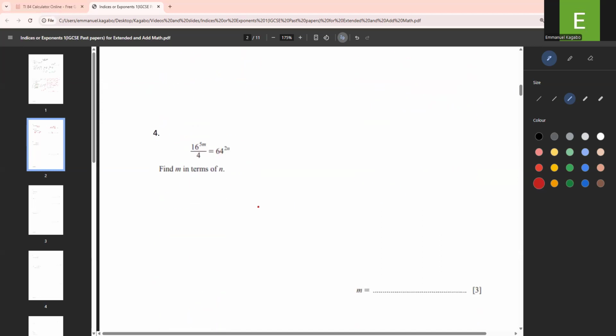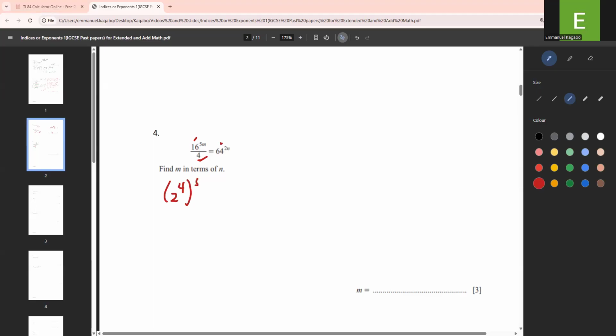Now, next question. There are different ways of doing this question. Let me just cross multiply, and I express them in terms of 2. Because if you check, this is 16, 64, and 4. So all of them can be expressed in multiples of 2. The first one is 2 power 4. That's 16, guys.